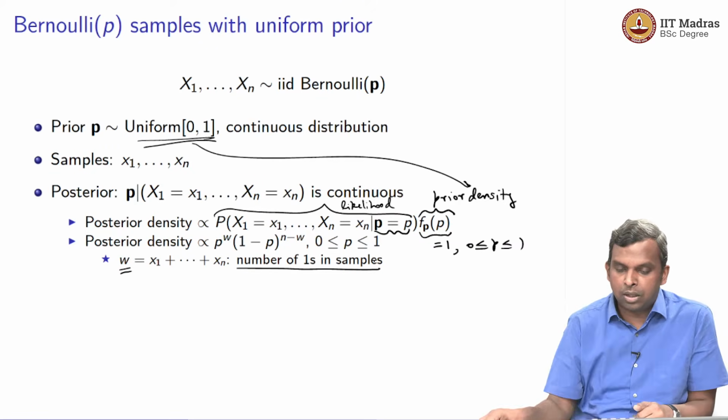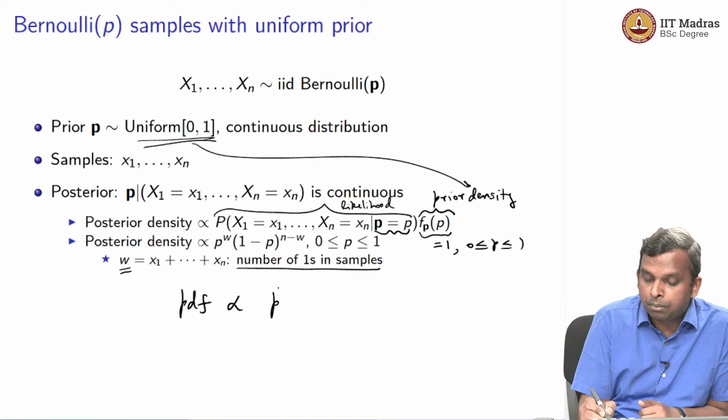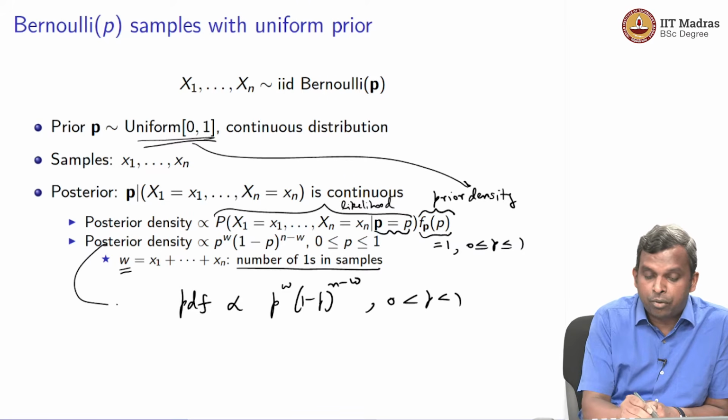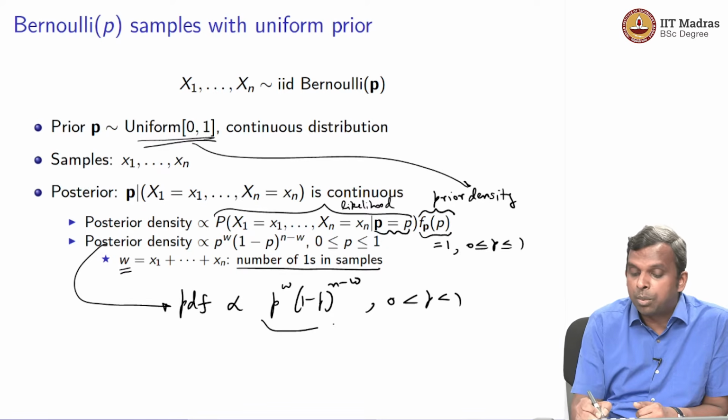Notice this is a density, so the PDF is proportional to p^w (1 minus p)^(n minus w) for the range 0 less than p less than 1. This is the posterior density, and w is some value, w could be 0, 1, 2, and so on. This is a known distribution, a beta distribution.